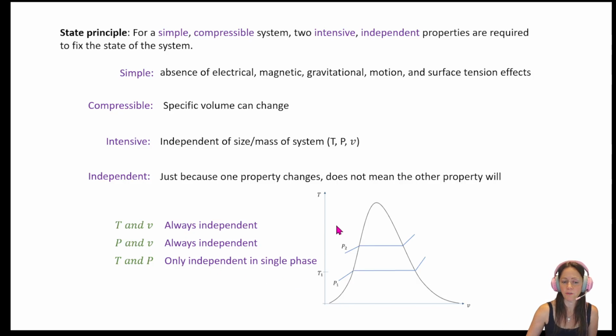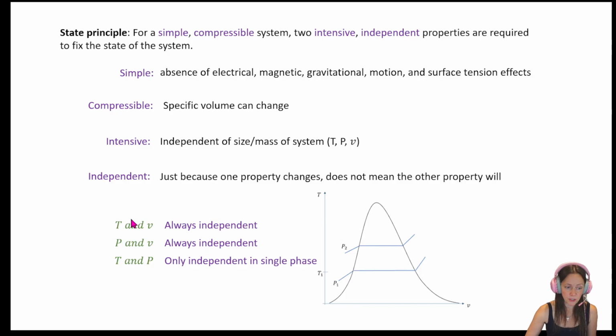I don't know what that is, so let's say it's 50 bar. So I know I'm at this P2, 50 bar, and I know what my specific volume is. If it's right here, I know it's two-phase. But let's say it's over here. I know my specific volume is right here, and if I had numbers down here, I could see it would run into that P2 right there. I would know that I was superheated.